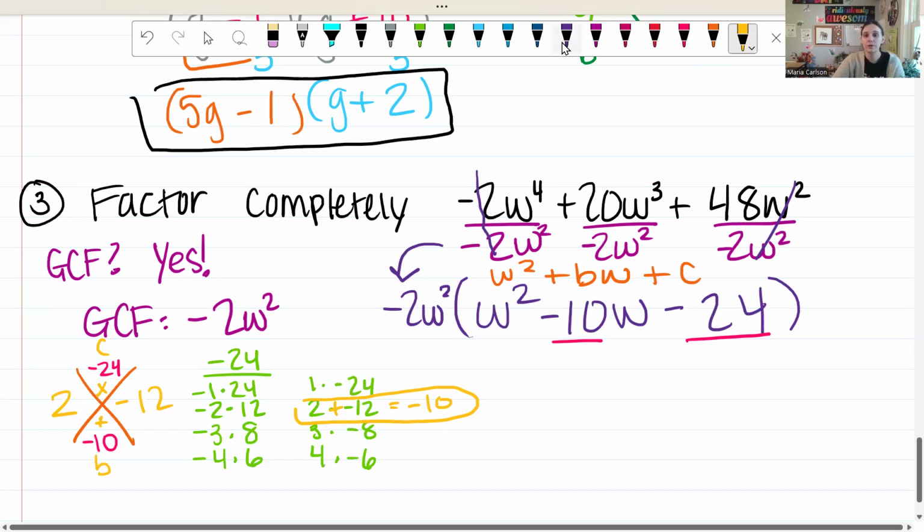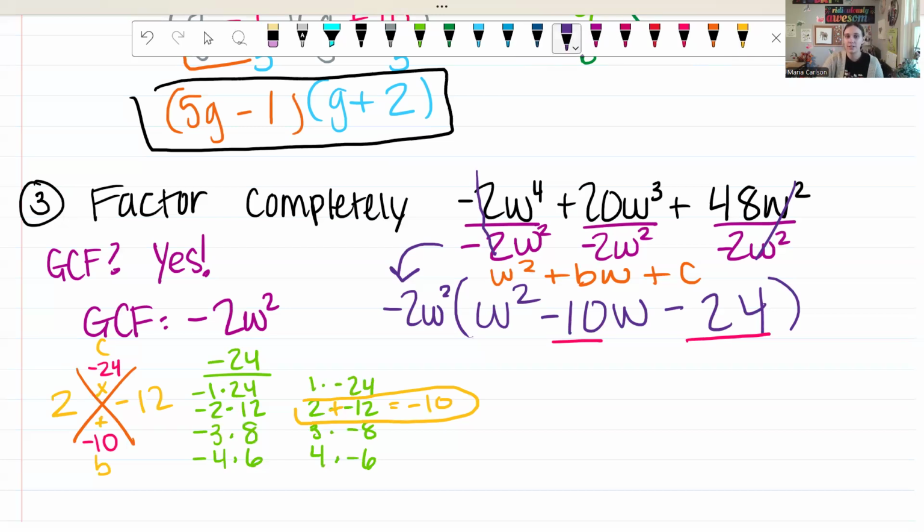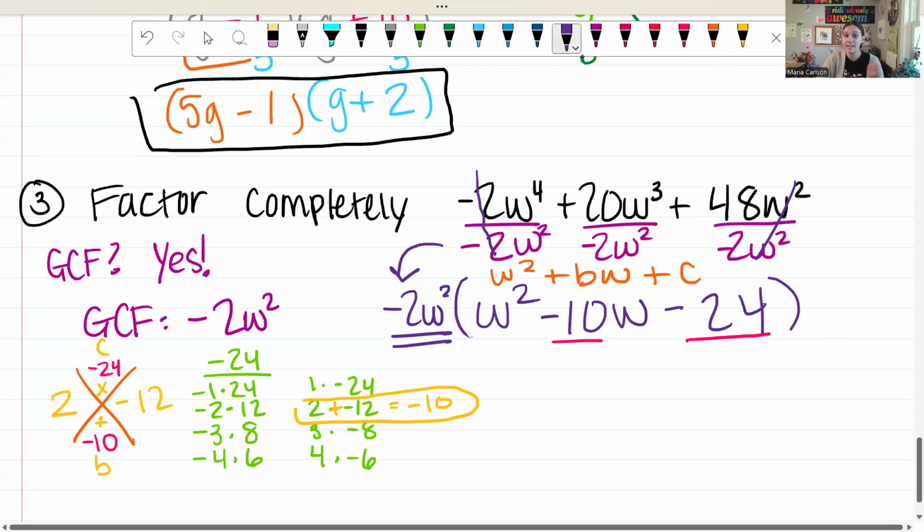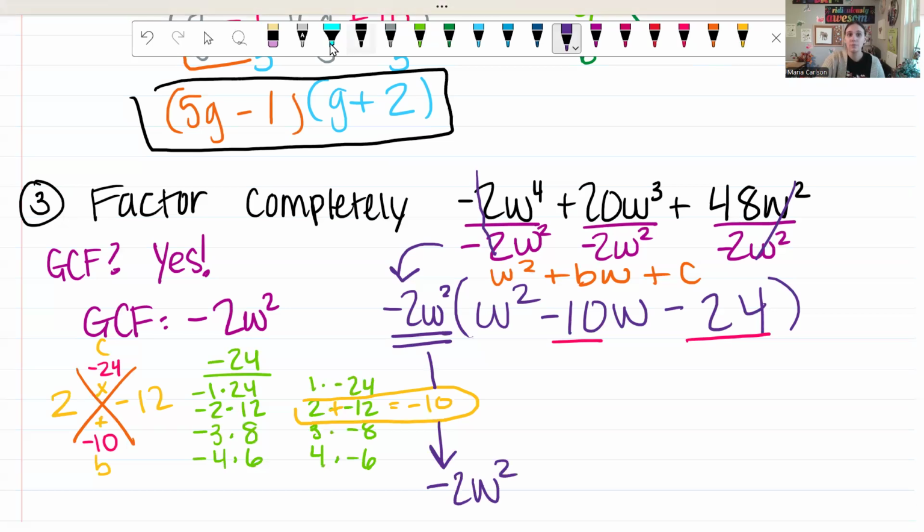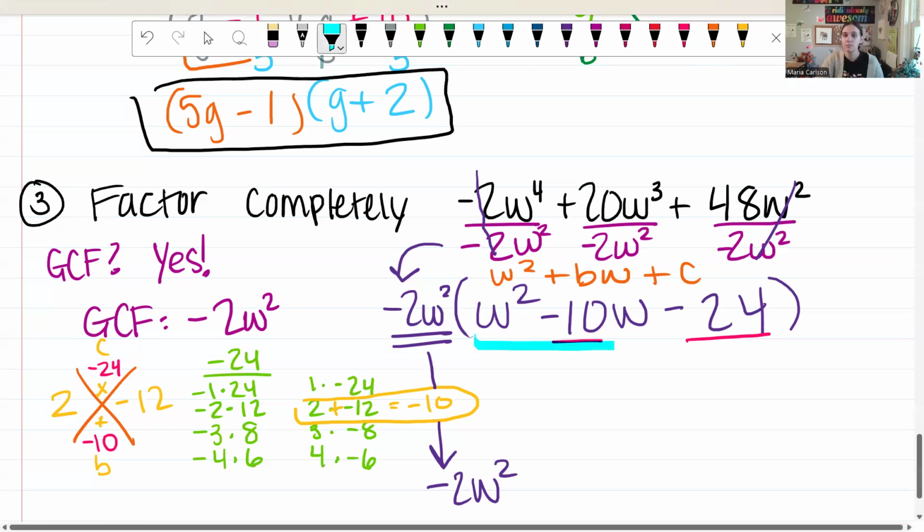So now if I'm going to write out the final factored answer, I can't forget we have this negative 2w squared in front. So my final answer will have negative 2w squared. And then we took this entire polynomial and we're writing it now in factored form. So it'll be negative 2w squared times 2 sets of parentheses.